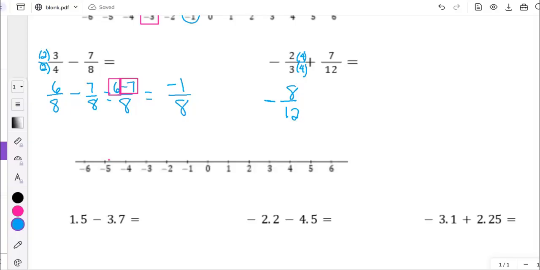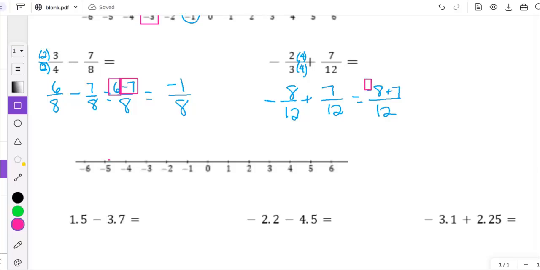And I have that negative. And then I will copy down the rest. Now I have the same denominator, so I can go ahead and combine those into 1. And then I can combine my numerators, negative 8 plus 7. Then it becomes exactly like we've been doing.